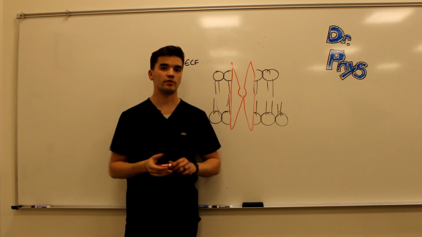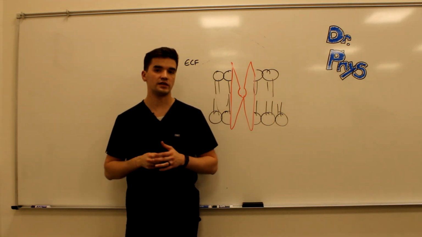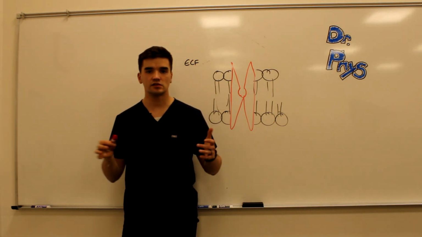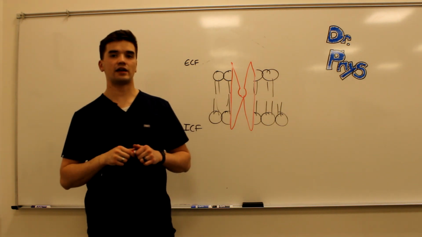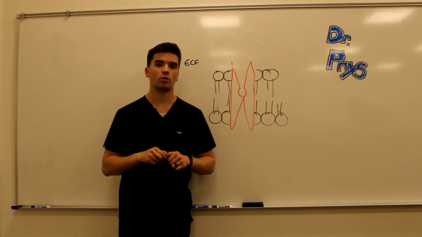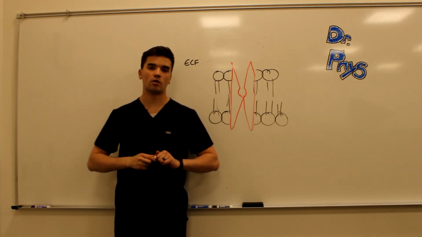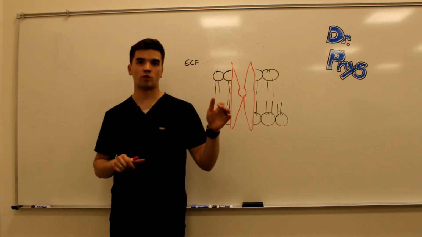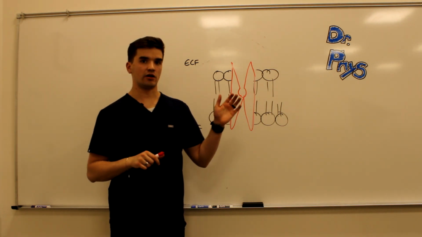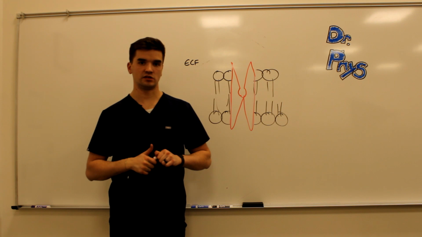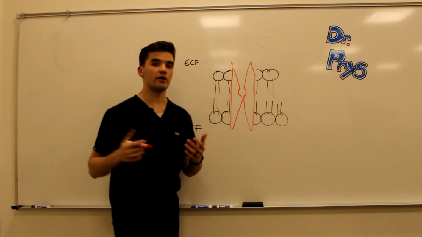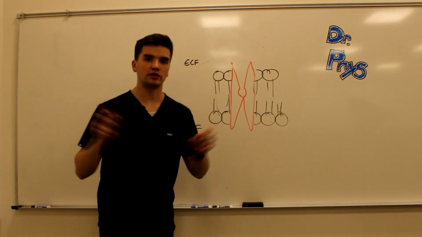Alrighty, so now that we've talked about our channel proteins, let's talk about our carrier proteins. This still falls under the category of passive transport, which means that it doesn't actually require energy and it moves particles from higher concentration to lower concentration. It moves particles with its gradient. Carrier channels act as a revolving door.